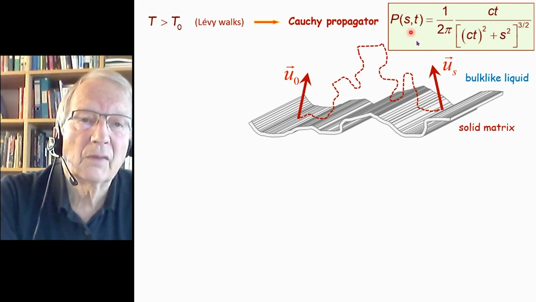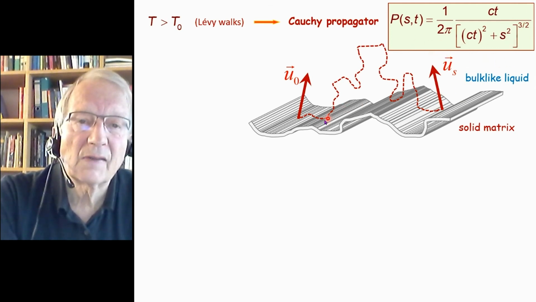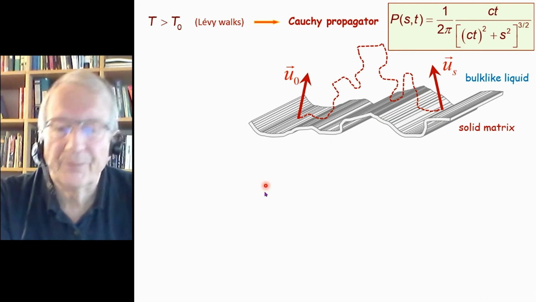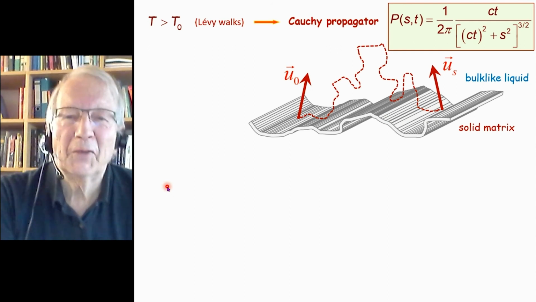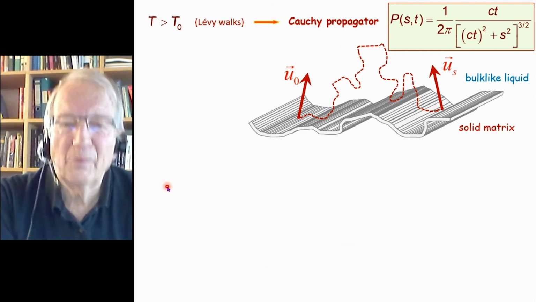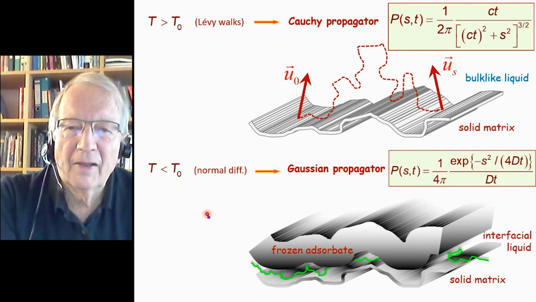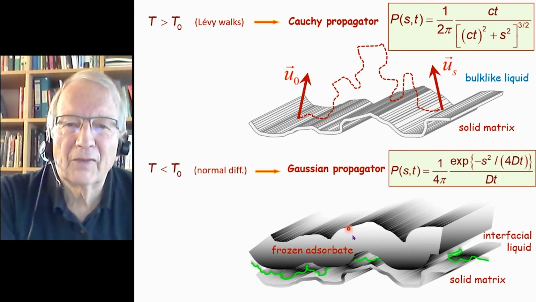You see, here we have the distance s, the curvilinear distance s, here we have time, and there's a constant c.